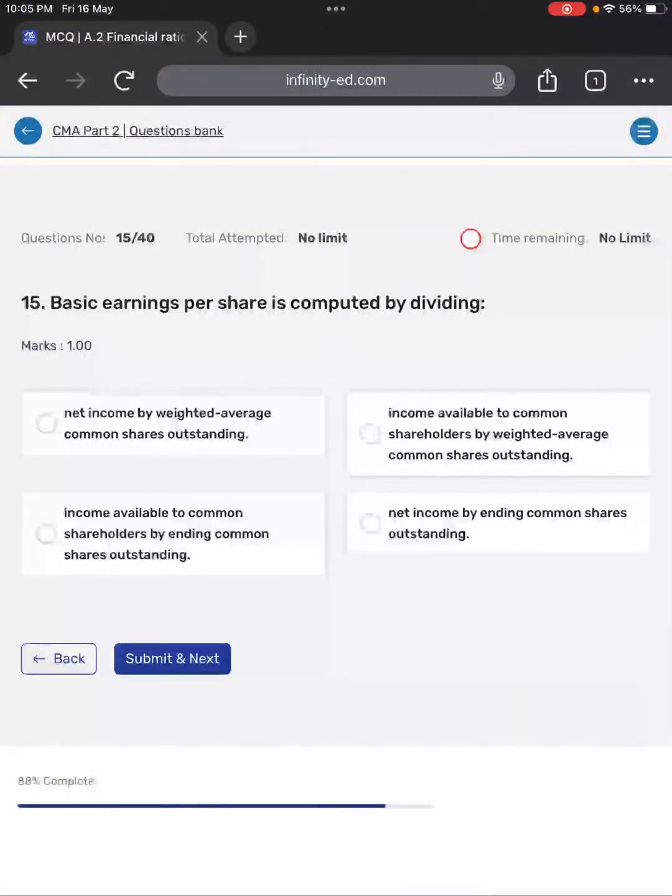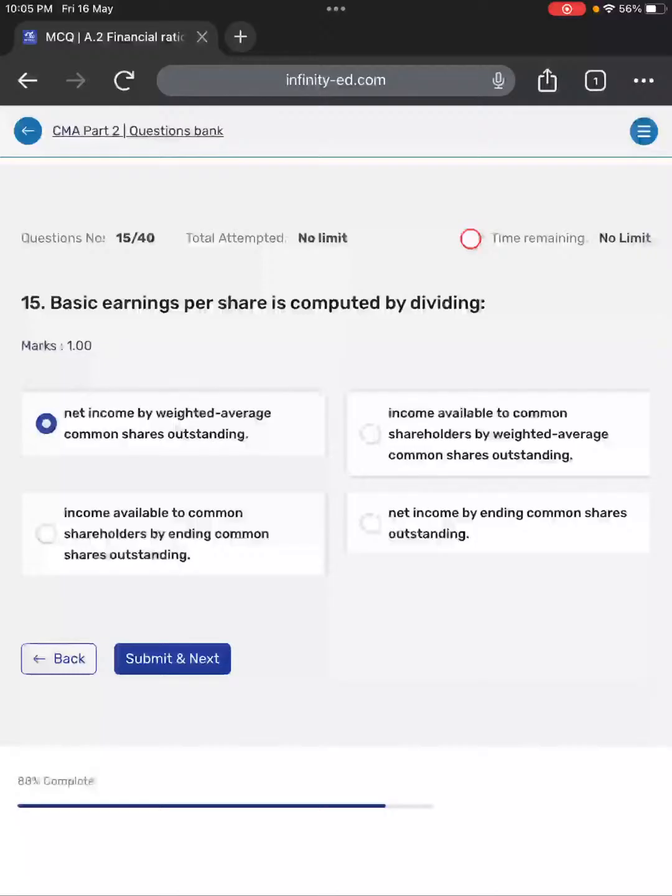Now question number 15. Basic earnings per share is computed by dividing... Earnings per share is simple: net income divided by number of equity shares outstanding. Net income divided by weighted average common shares outstanding.